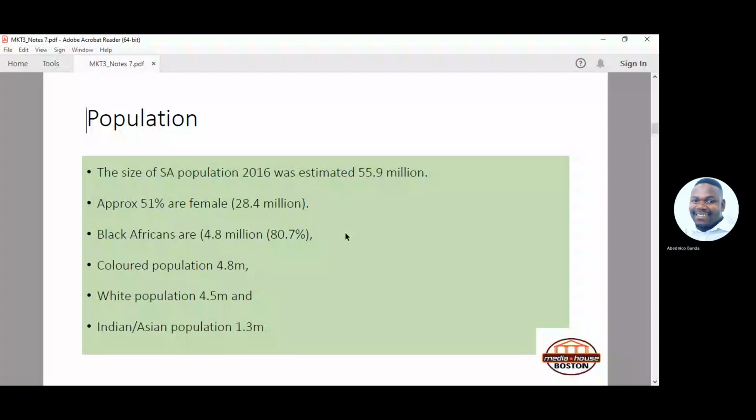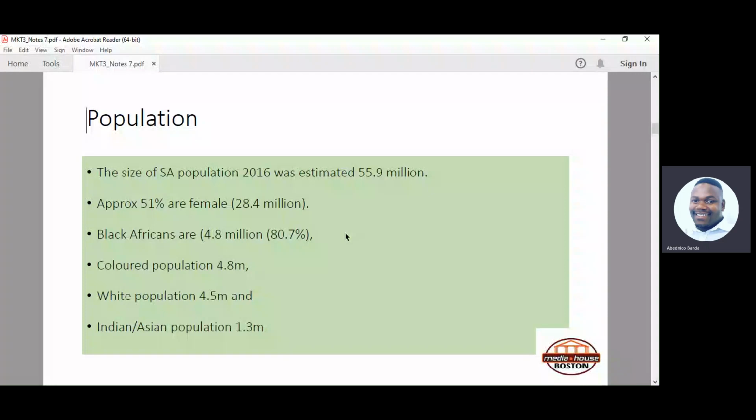There's no way Black Africans can be 4.8 million out of the 55, so it has to be 48 million. Then the colored population, the white population, and the Asian population.